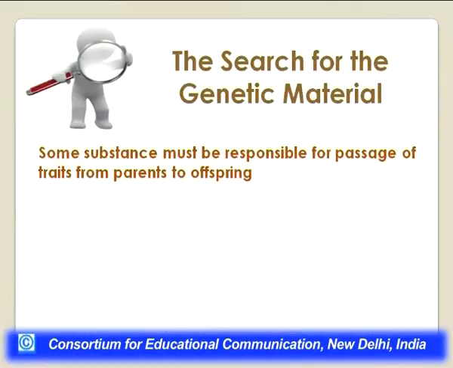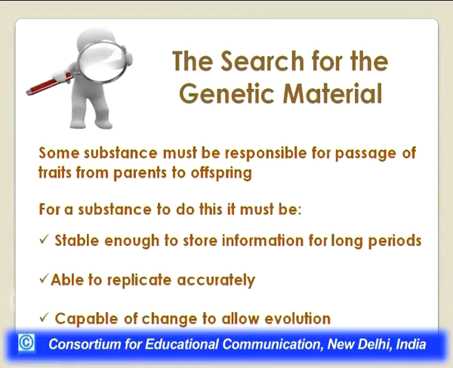Earlier, the search for the genetic material started when the scientists started taking heredity in a biological sense. So they were looking for some substance that must be responsible for the passage of traits from parents to the offspring. They also understood that for a substance to do this, it must be stable enough to store information for long periods.